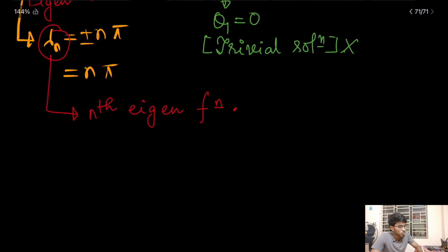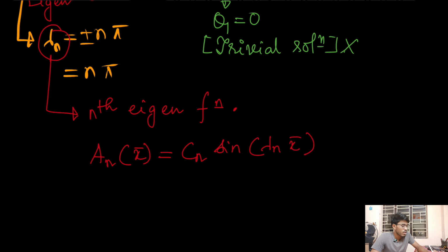Because my A n, a function of x bar only, will be some c n into sine of lambda n x bar. Now if you put lambda n equal to plus n pi, maybe you have some c n dash. So this is for lambda n equal to plus n pi.